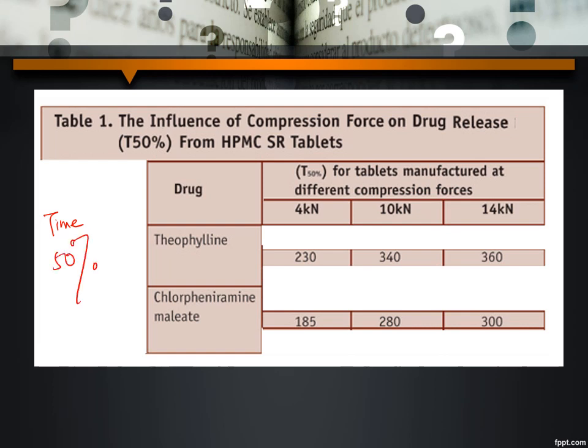When you have a higher compression force, the porosity is reduced. So theoretically, it will take a longer time to wet the tablet due to the lack of porosity in the tablet, so you will have a longer T50%. The same happened to chlorpheniramine.